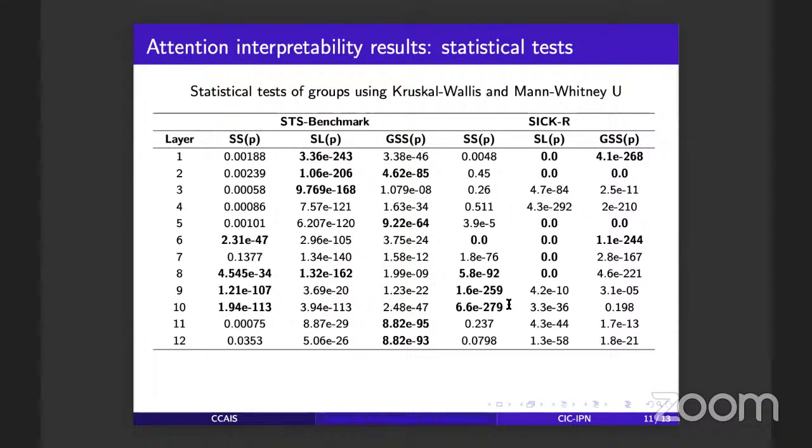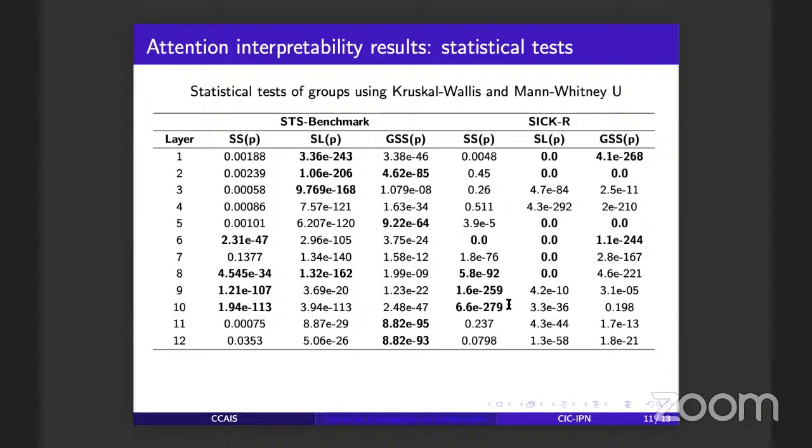Here you can see a statistical test using Kruskal-Wallis and Mann-Whitney U. You need to calculate a p-value. A p-value is a probability. If the probability is low, that means you have different groups, different clusters.